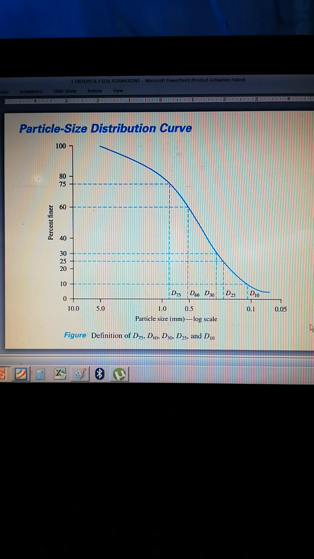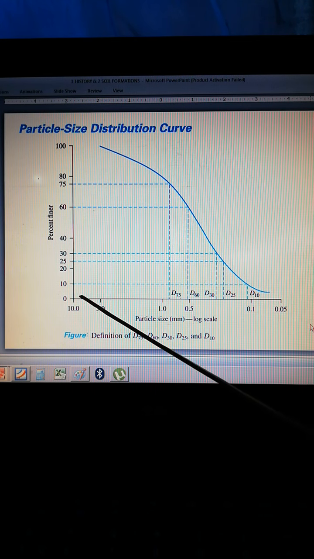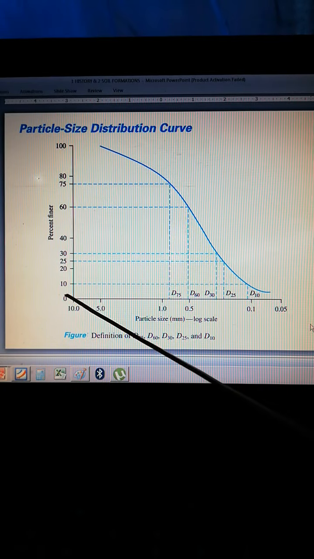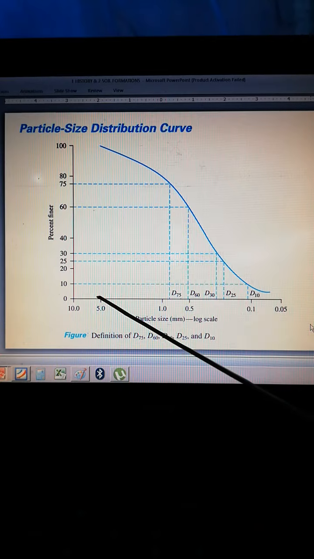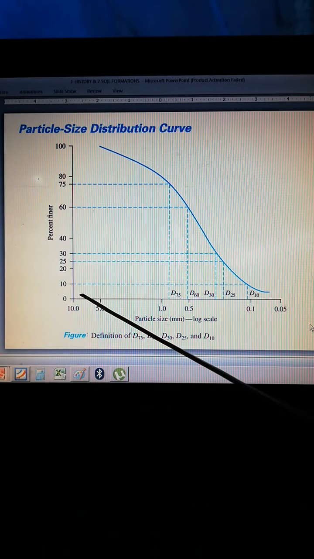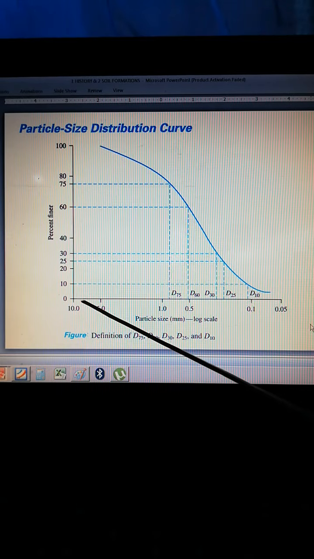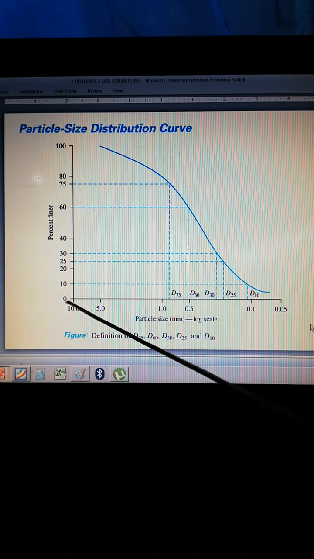So, that is what happens when you have the log scale. The greater the number, it goes nearer to the greater number. So 5 is greater than 1, but it's not in the middle. It is more on the side of the number greater than itself, going to number 10.